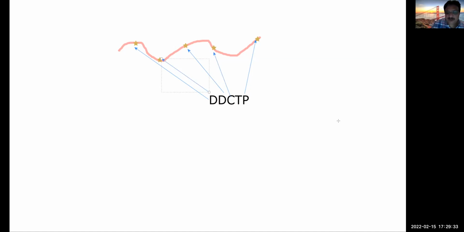The chain will stop because the ribose here has a third carbon atom with hydrogen instead of hydroxyl. So the chain will terminate. So these dideoxynucleotides are used for chain termination, to stop the chain.